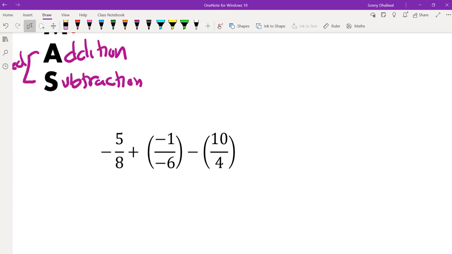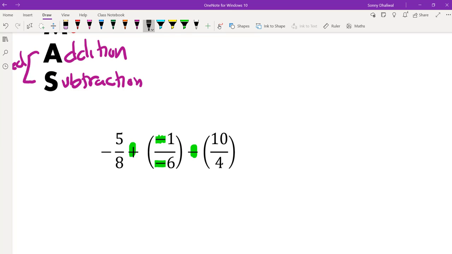Negative 1/6. Yeah. So these two negatives are on the same fraction. When you're adding and subtracting, that's what these are. We can't take a negative from one fraction and cancel it out with another fraction. You have to stick to just the negatives on one fraction.